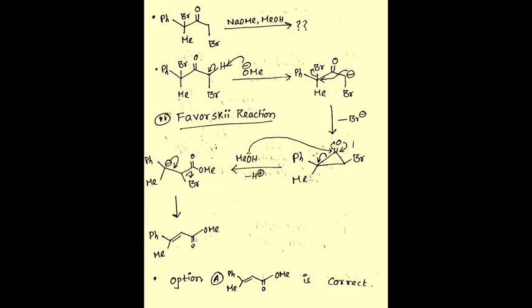So after the nucleophilic substitution followed by the E2 reaction, it readily forms the final product, and this final product is an alpha beta unsaturated ester type of molecule. So option B is your correct option.